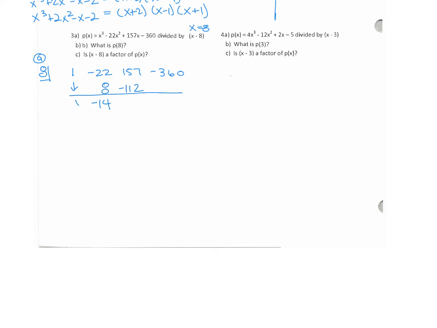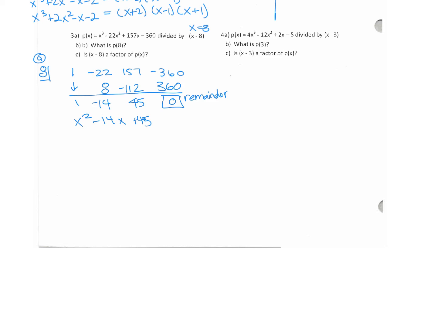And then 157 minus 112 is 45. And 8 times 45, grab those calculators, and you should get positive 360. So I have a remainder of 0. And my answer then is 1 degree less than my original polynomial, so it's x squared. So I have 1x squared minus 14x plus 45.